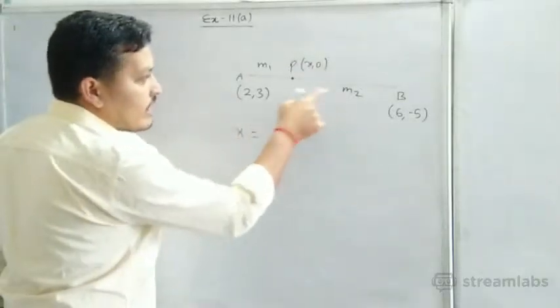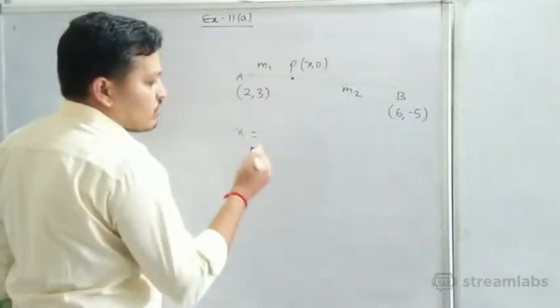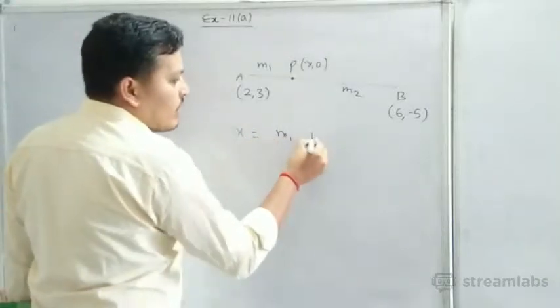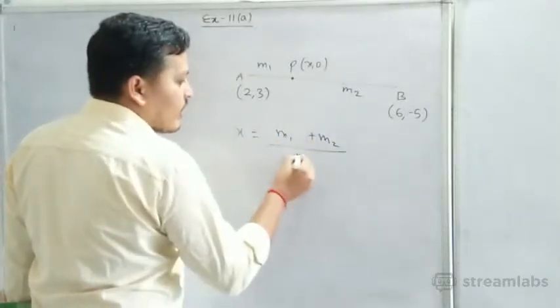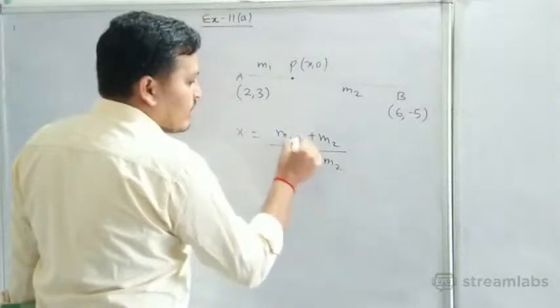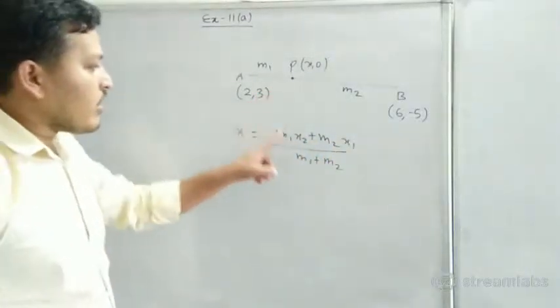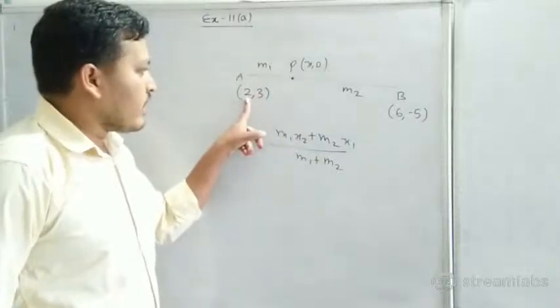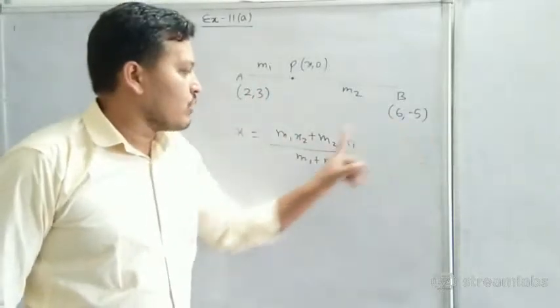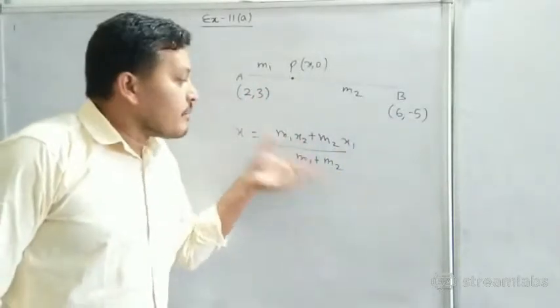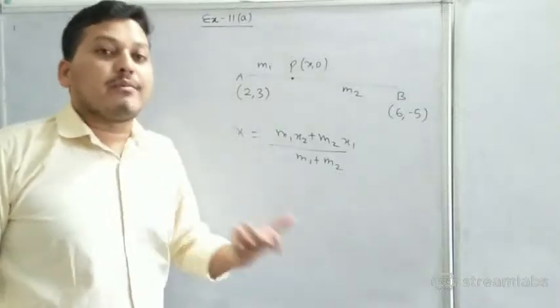We need the value of x, and y is equal to 0, so x is equal to (M1 x2 plus M2 x1) upon M1 plus M2. We can calculate x1 and x2, but M1 and M2 are not given in our question.